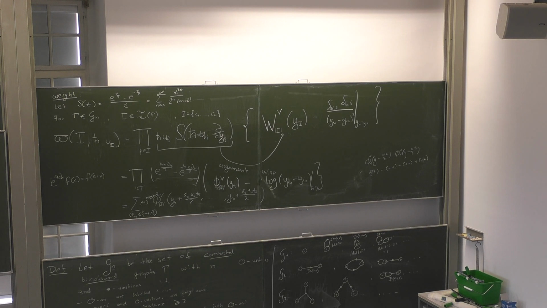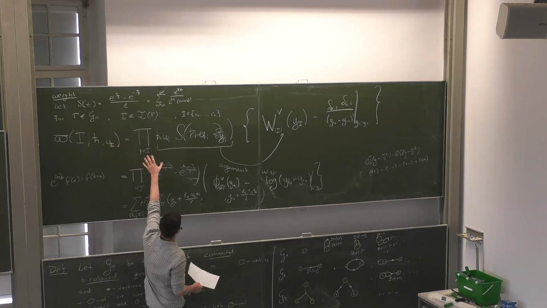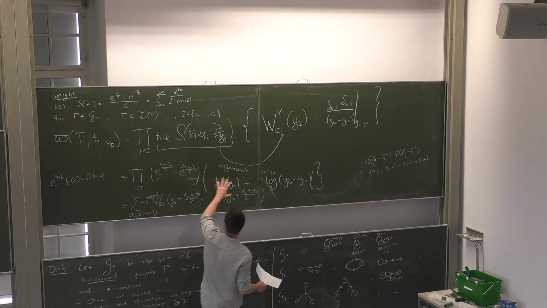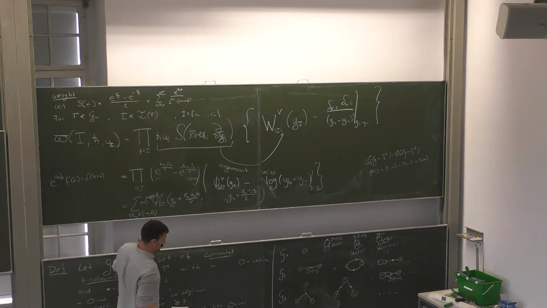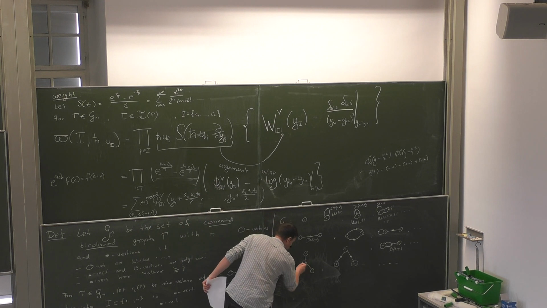So just to summarize again, we associate this quite complicated weight to one of these sets I, which is here.